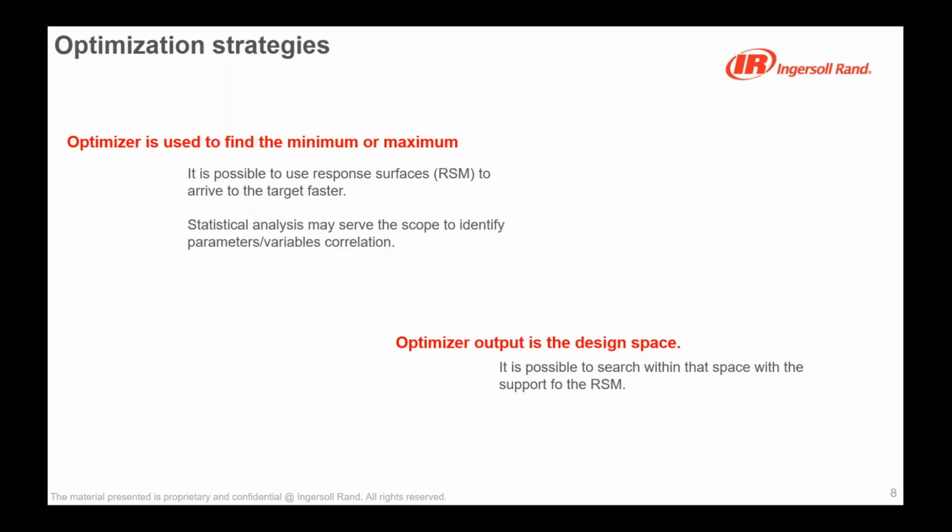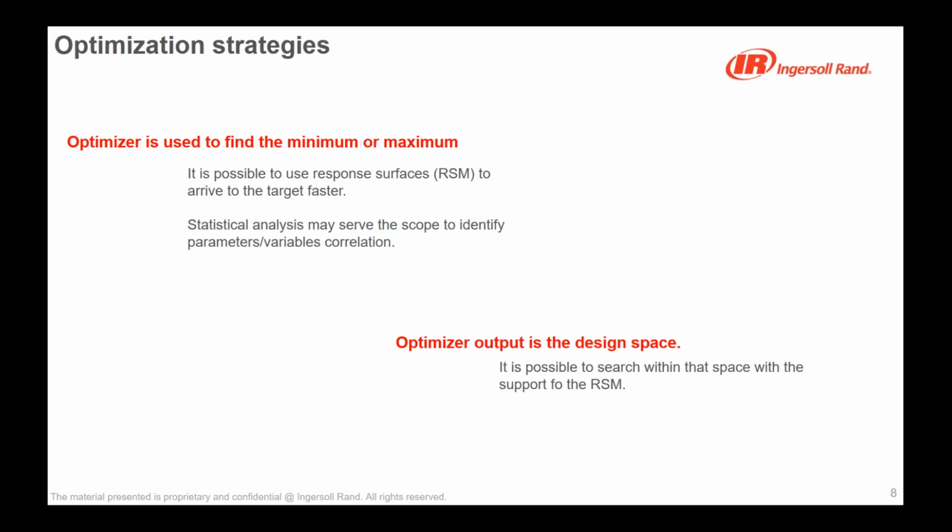But we can also benefit from some statistical analysis available as soon as you have done some optimization or some DOE analytics, with the particular scope to look for correlation between parameters and variables, and eventually decide how to refine your optimization or identify at an early stage which are the most critical variables or parameters, or the ones that give you more constraints.